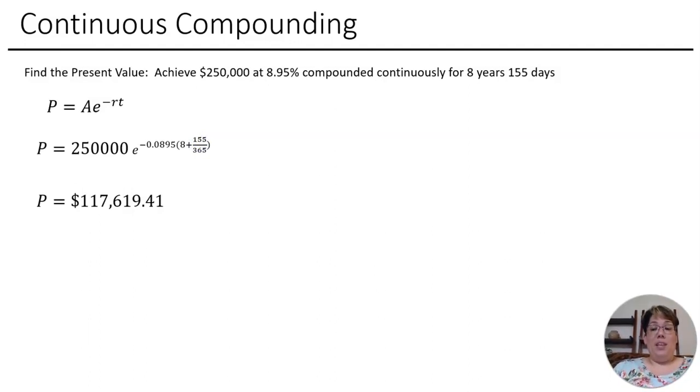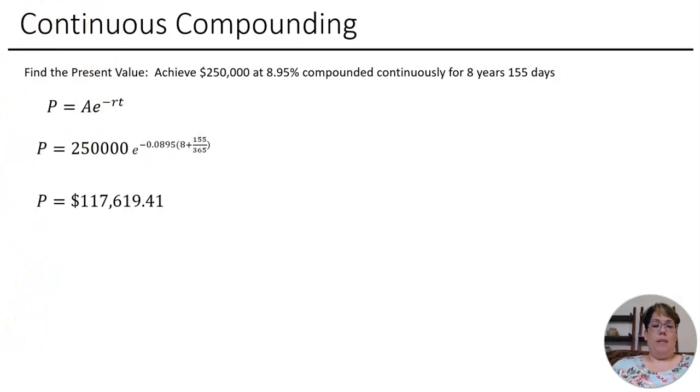Whenever you're dealing with problems with the e in there, I just recommend that you put it all in at one time. It's typically just easier to do it that way. Once you start working with these with the calculator, I think you'll find that you will get used to it and it'll be easier for you to just use the calculator.